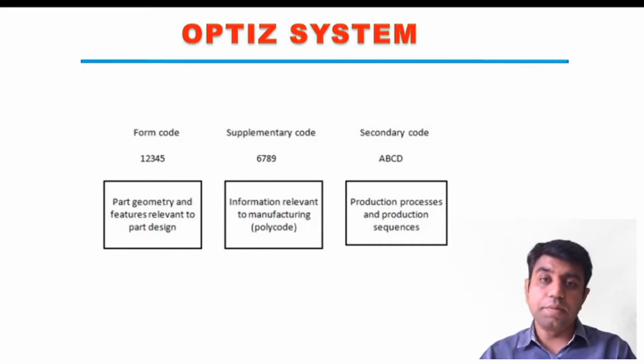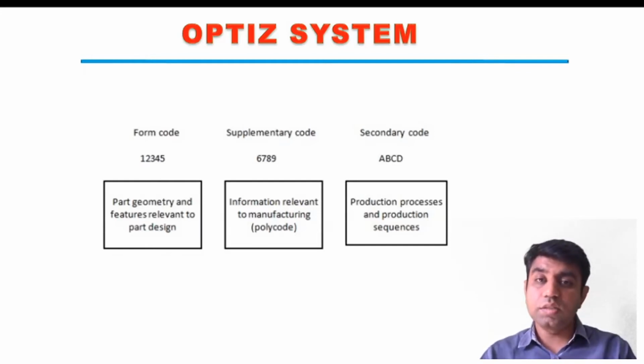As per my earlier lecture, I gave you the example that from your enrollment number itself we can get the idea of which batch student you are, in which branch you took admission, and in which college of GT you took admission. In a similar way, from this particular code itself you will get the idea about the part geometry, the manufacturing process, and its sequence, all the data you will get.